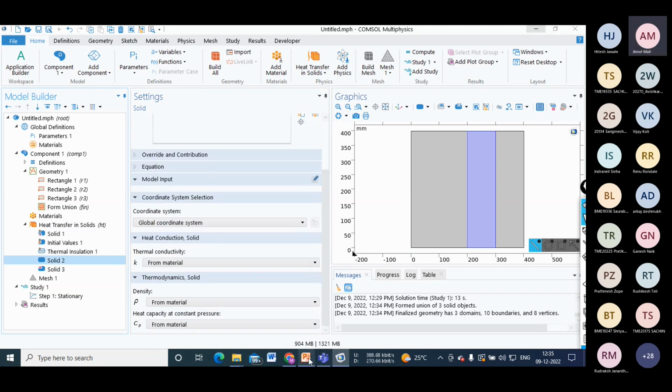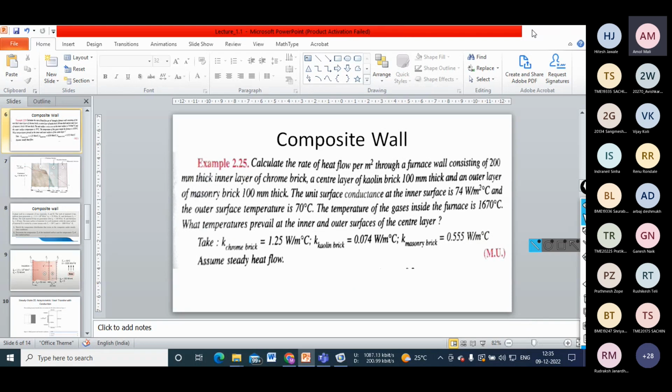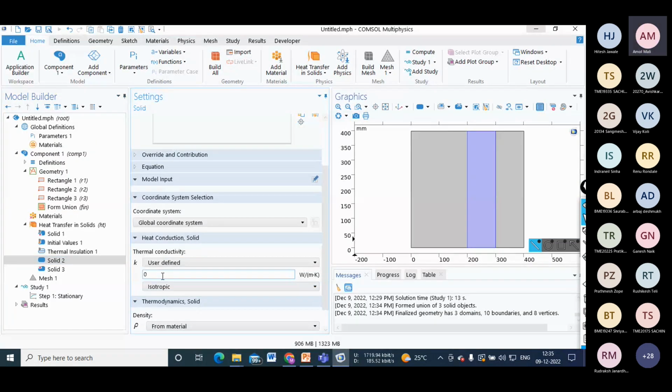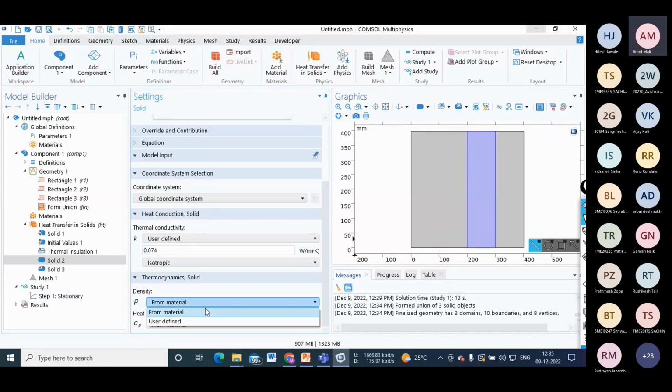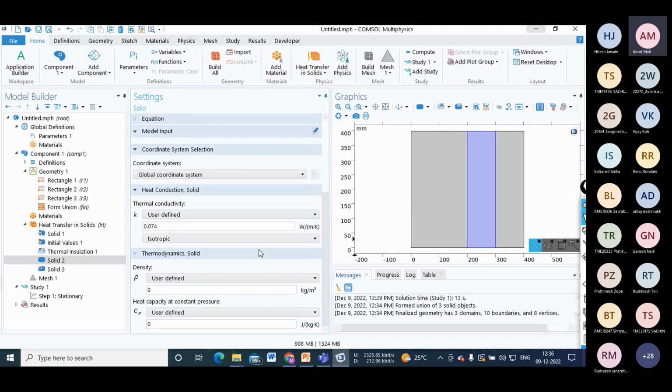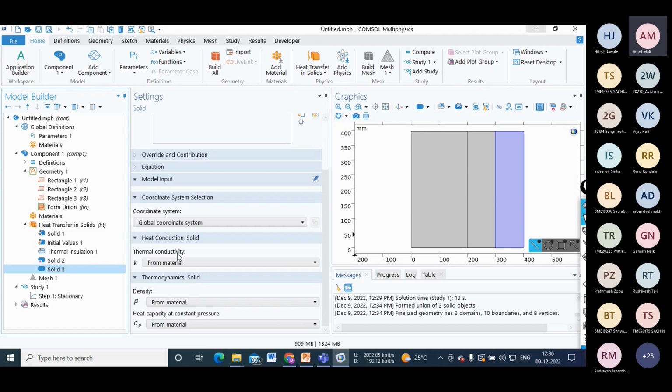So the thermal conductivity of material 2 is how much? 0.074. And density will again be 0 because these components are 2D components. There is no requirement of thickness; a 2D component has no thickness. Due to that reason also we are not providing the density.